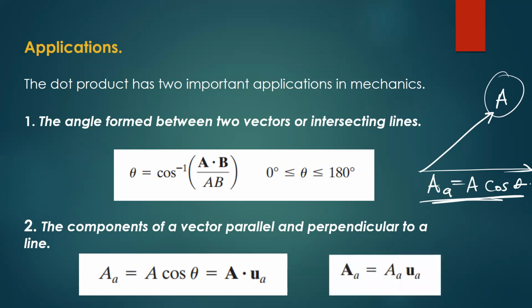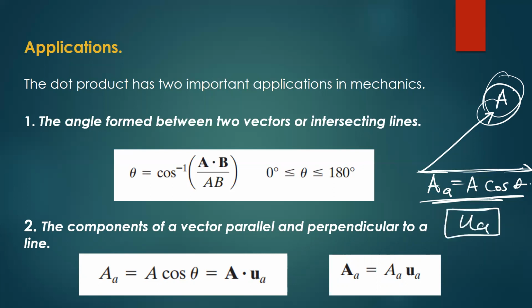All right, so in other words, if you find the unit vector, or if in this line where you want to project your vector A, this line is defined by a unit vector UA.